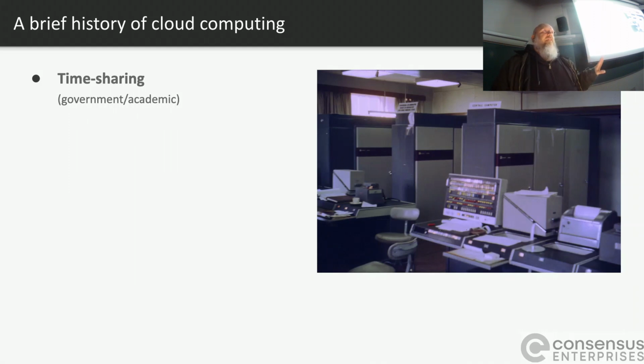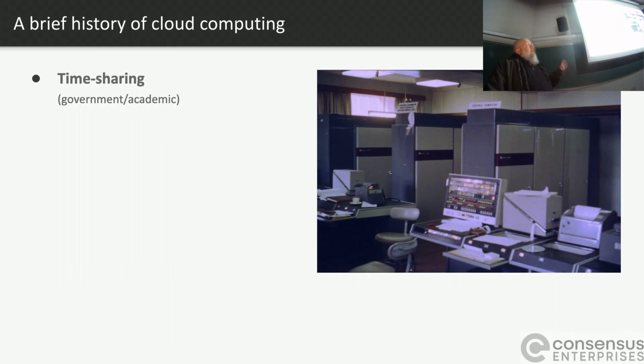So the Department of Defense might have some of these, universities would have some of these. They would be doing complex calculations, what were at the time considered complex calculations. These days you can do them on your watch, basically.